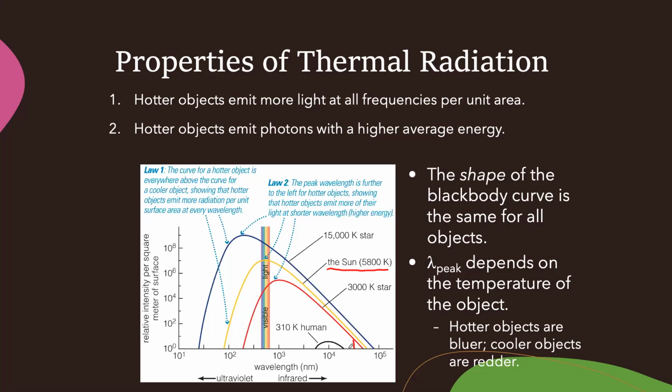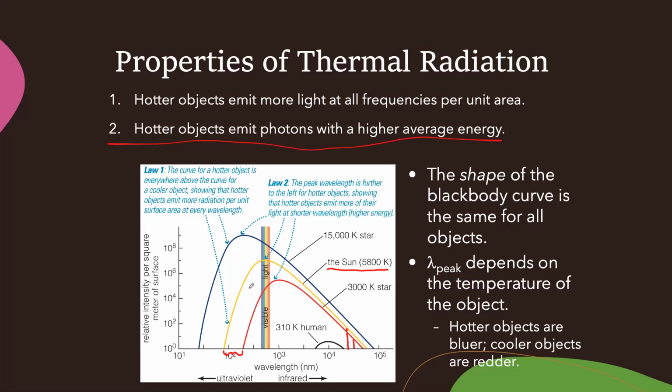For any given wavelength, the yellow curve emits even more light, even if it's just that extra little bit. So not only does it emit more light per unit area, but it also emits these wavelengths right here, which the red curve does not. And that's sort of the second law here, that hotter objects emit photons with higher average energy.